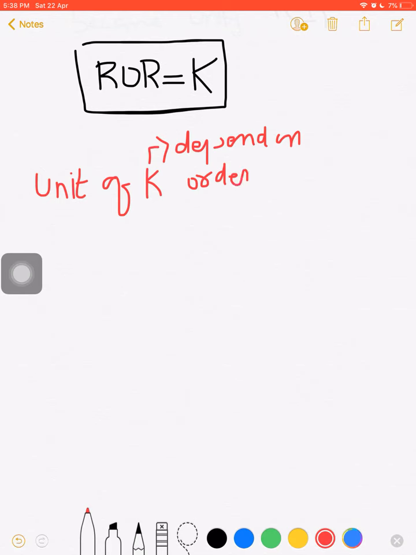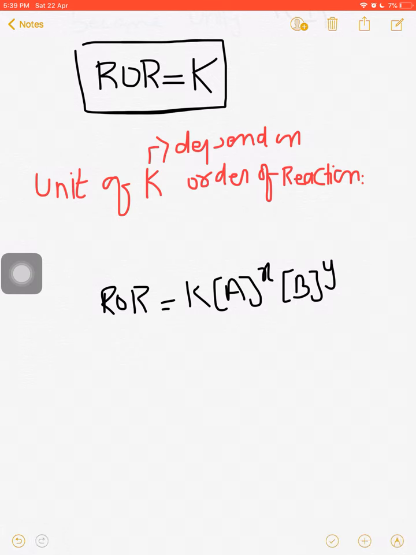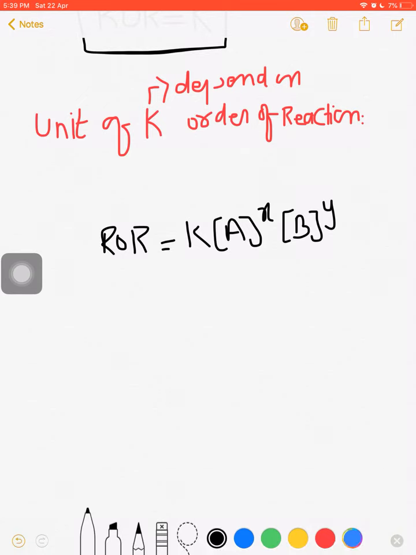Consider that we have the equation, let's take the above one, rate of reaction is equal to k [A]^x [B]^y. I have to find the unit of k in a general formula.